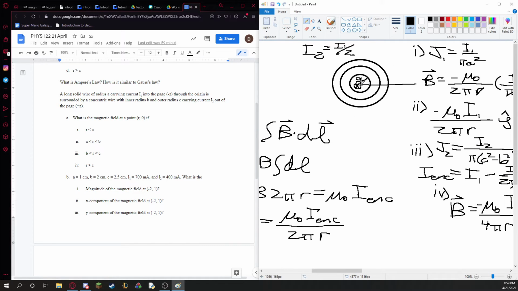So it's go out 2 and then up 1, somewhere right about there. Let's take about 5 minutes, and then we'll go over this. First we want the magnitude, and then the x and y components of our magnetic field.